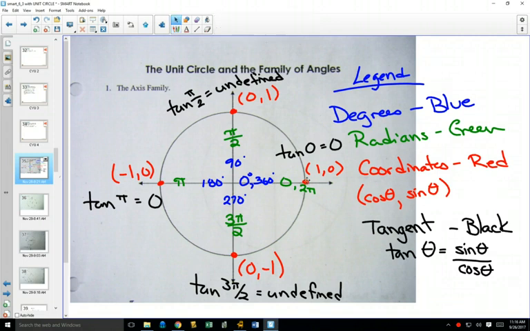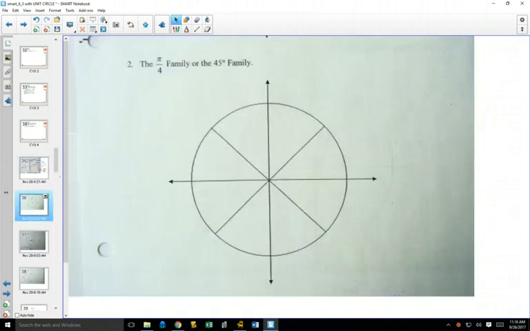Our next family is the 45-degree family. With the 45-degree family, all of these points on our unit circle are points where the reference angle is 45 degrees. I wanted red to make those points because the coordinates are red.